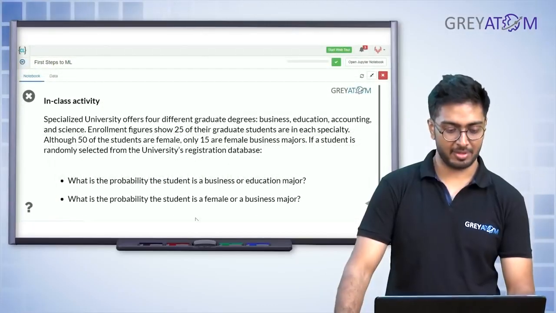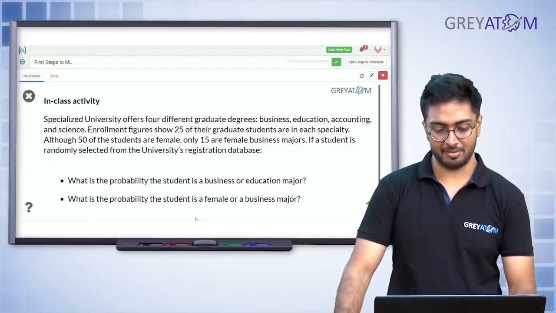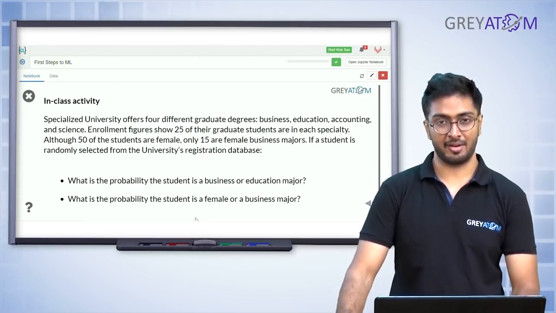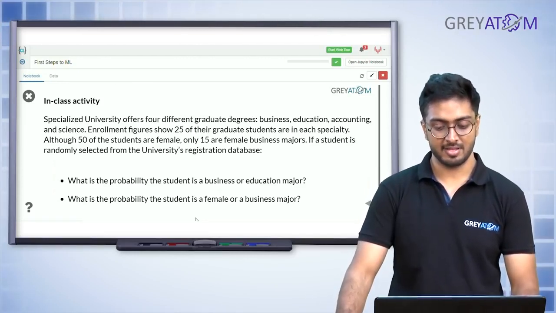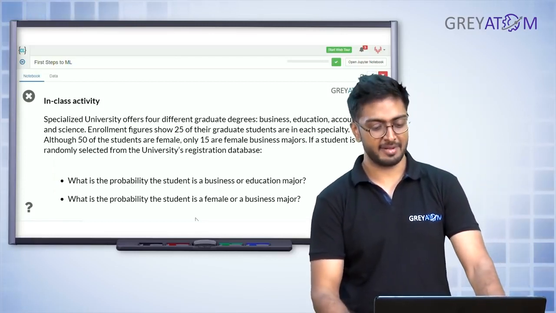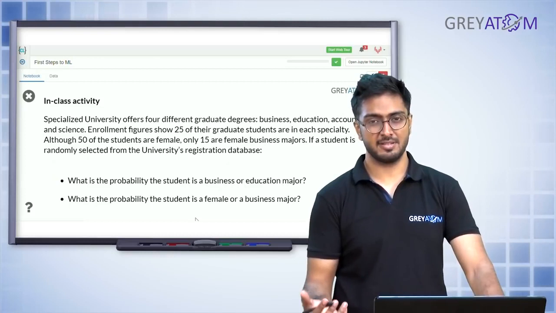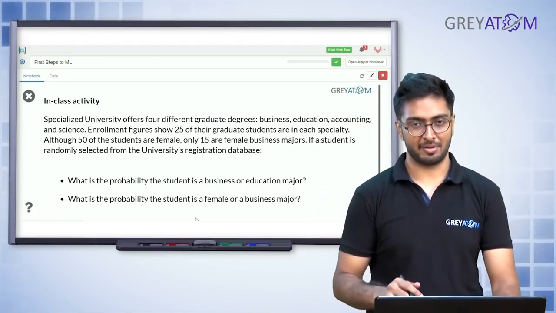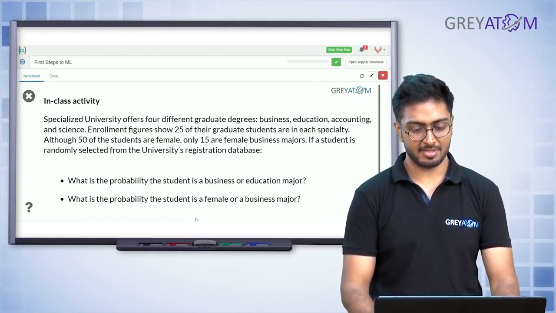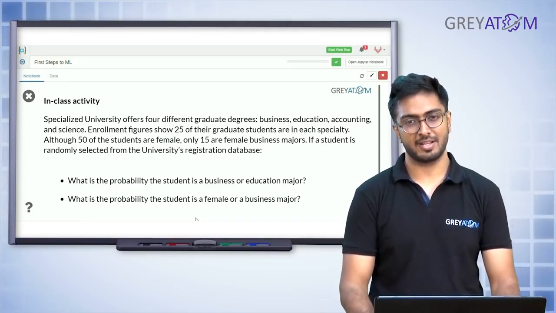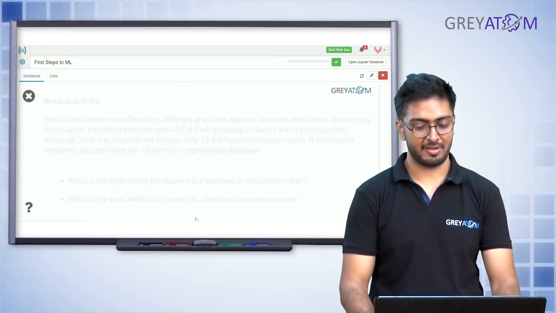So now we know the number of students who are enrolled in business as well as education. There are 25 students enrolled in business and 25 students enrolled in education. So what is the probability that a student is in business or education? We are looking at 50 favorable outcomes. There are 100 possible students, 25 in each of the 4 categories, and out of those we are concerned with 50 favorable outcomes.